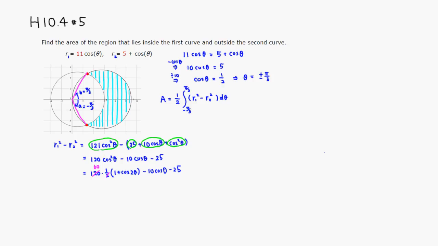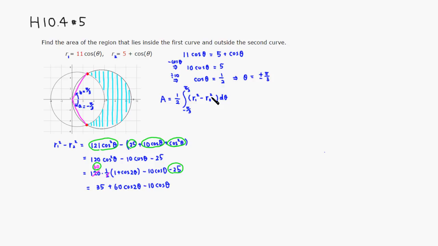So you have 60 times 1 and a minus 25, which gives us 35. So 35 is just a constant. Then you're going to have plus 60 times cosine of 2 theta, and a minus 10 times cosine of theta.